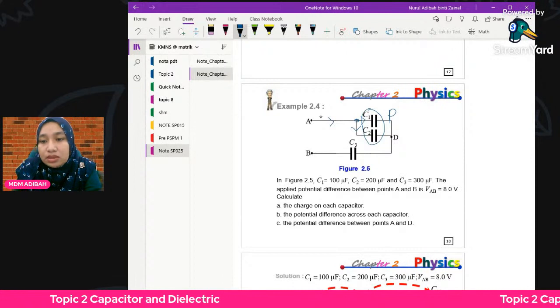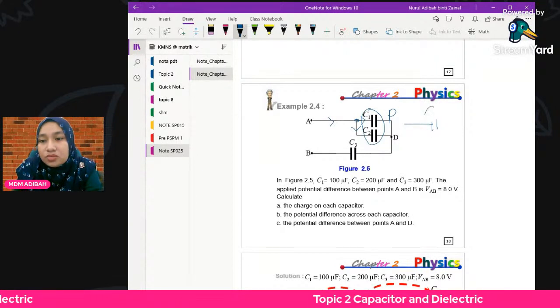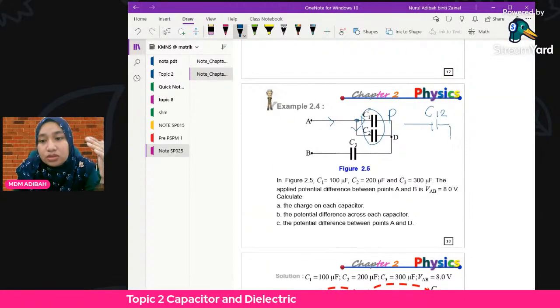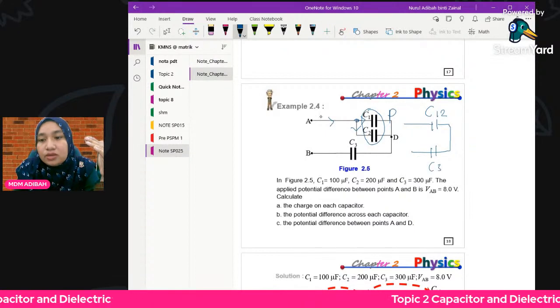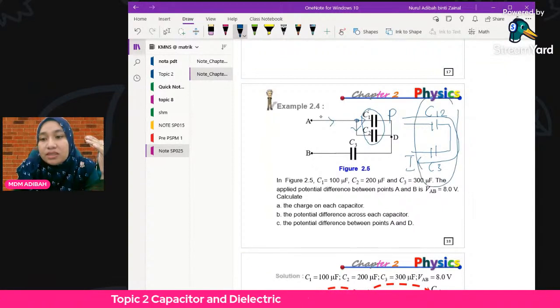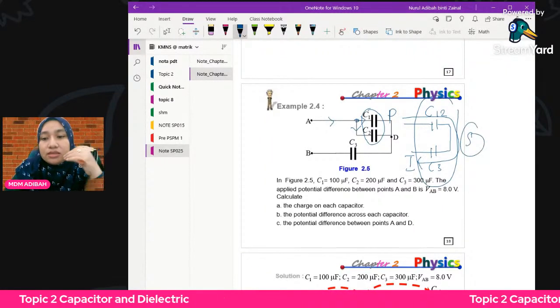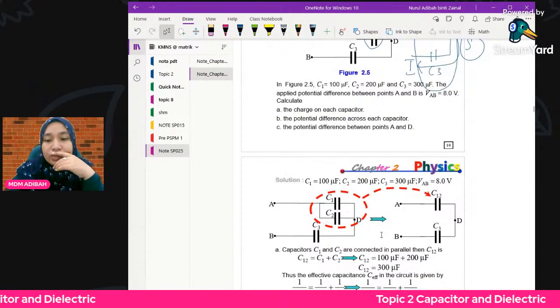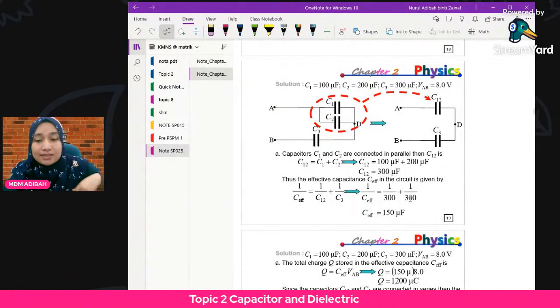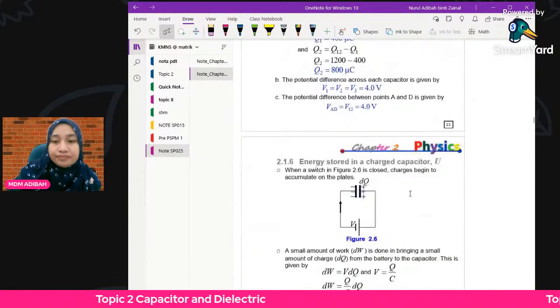Dia jumpa dengan C3 dekat bawah sini. So dia dah jadi dalam satu laluan yang sama. So C12 dengan C3 adalah secara series. Tambahkanlah. Okay.